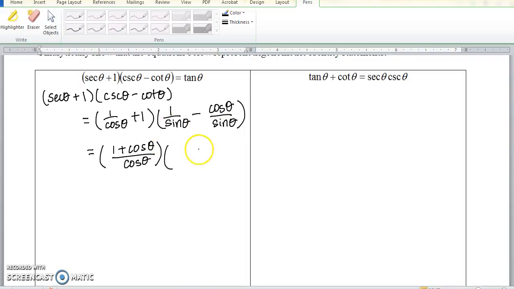In the second set of parentheses here, we notice both of those fractions have the same denominator, so we can just go ahead and combine them. When you multiply two fractions, once again, you just multiply the numerators and the denominators.